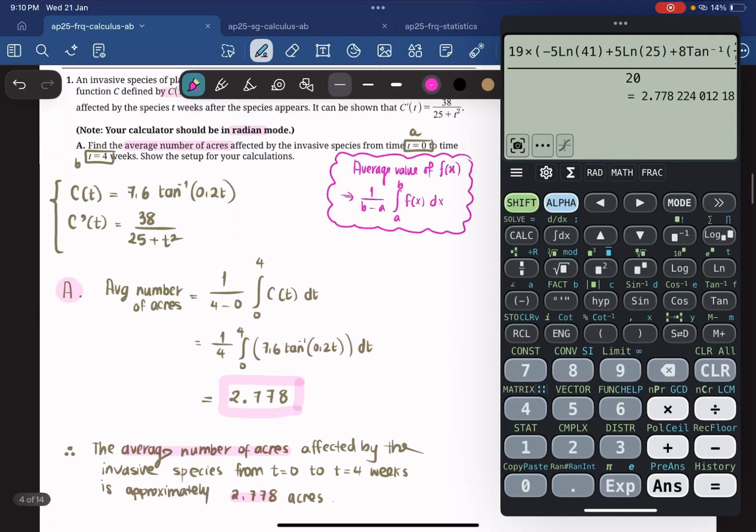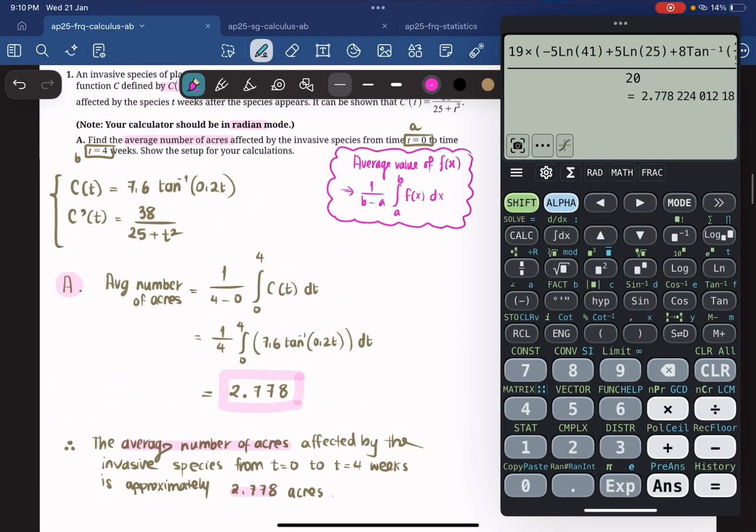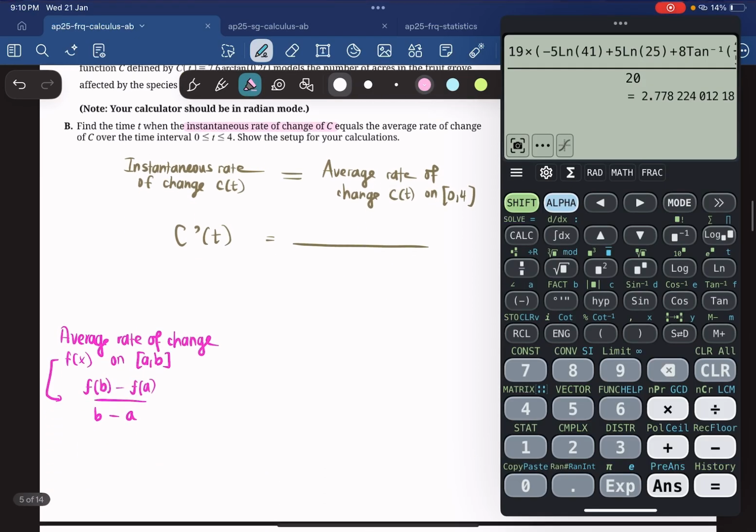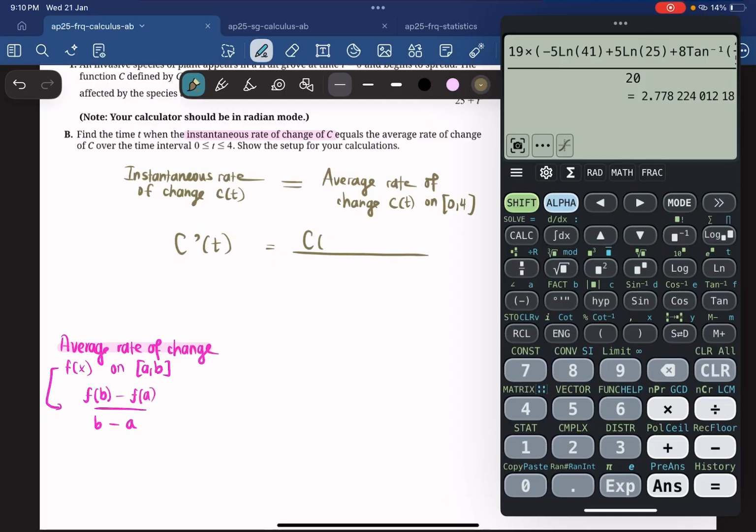Notice that in part A, it's called the average value of a function, whereas here it's called the average rate of change. In terms of our question, that's C of 4 minus C of 0 over 4 minus 0, and we can do this on the calculator.